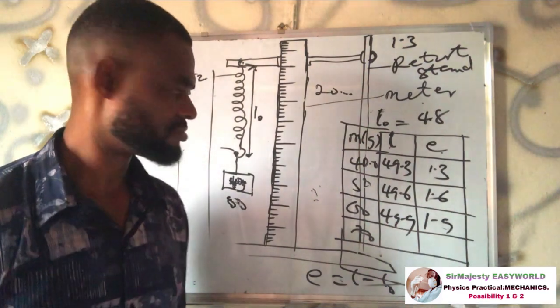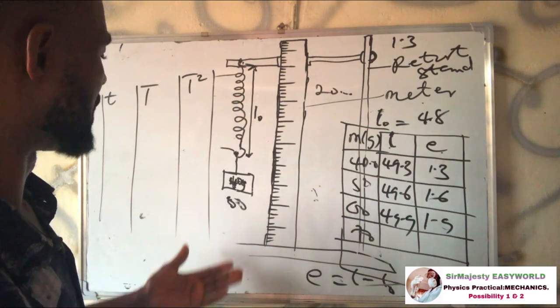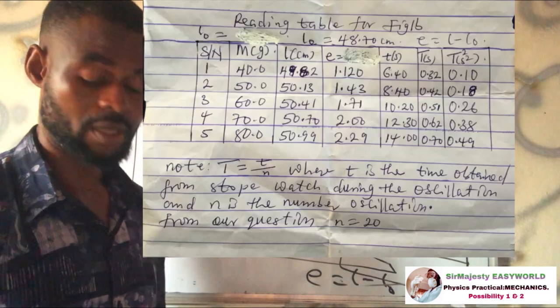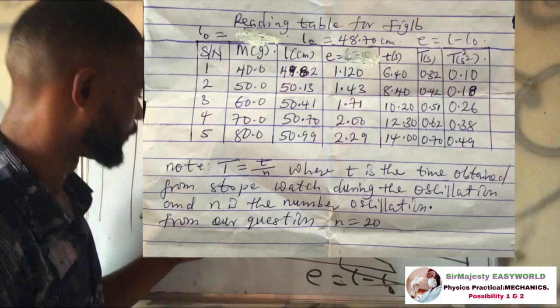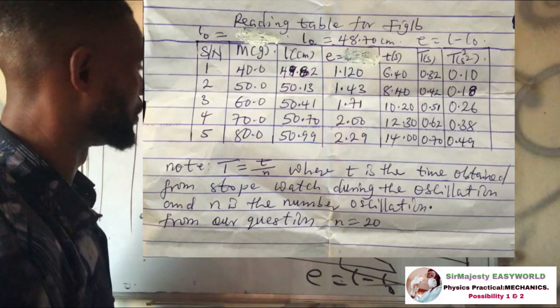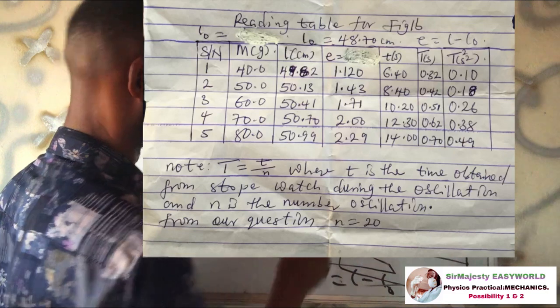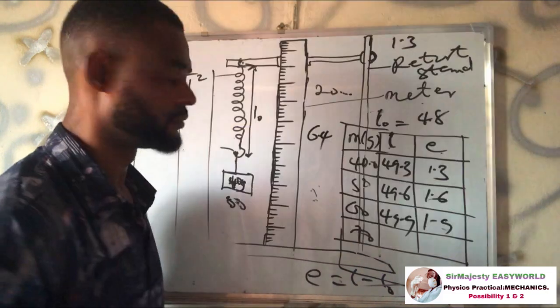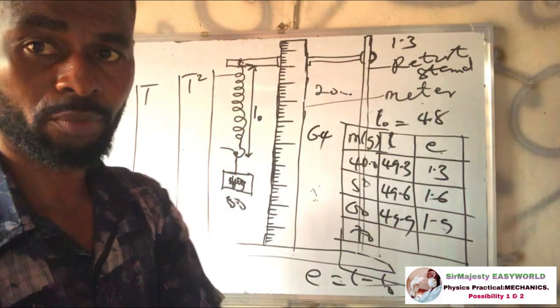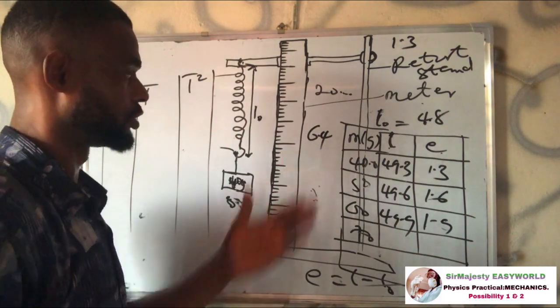Then you can come here and say, if I have this mass, 30 grams, you can see on the screen, we'll show you on the table. We start with, when it is 40, we have 6.4. That one is going to be very simple for you to have from your stopwatch. You do 20 complete oscillations and measure that.